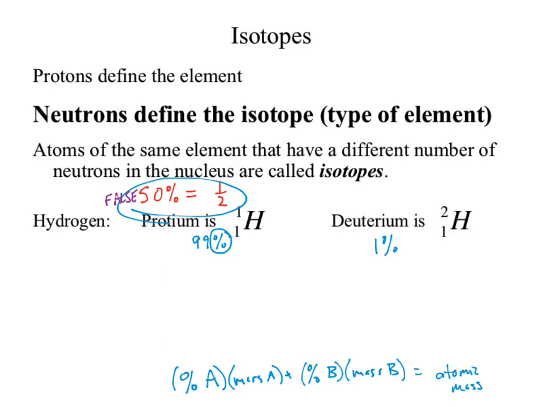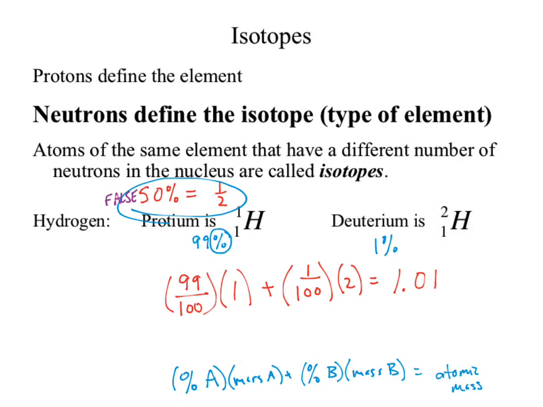So when I bring that percentage into a calculation, this is actually 99 out of 100 times its mass, which is 1, plus 1 out of 100 times 2. You enter that in your calculator, guess what you get? 1.01 and some other numbers that I don't remember.